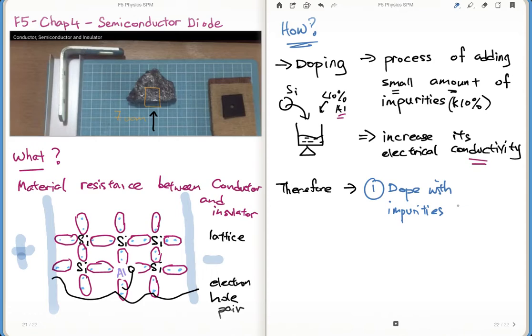There are certain rules. For example, it has to be a small amount, less than 10%. Another rule is that it has to be of equivalent size. Okay. Then, what does it mean by equivalent size?